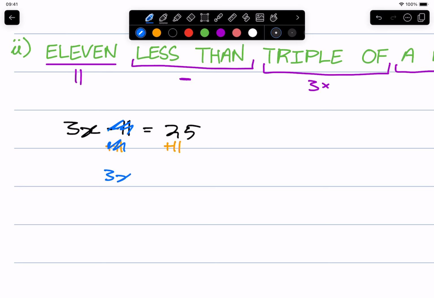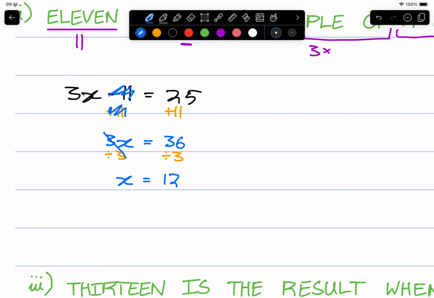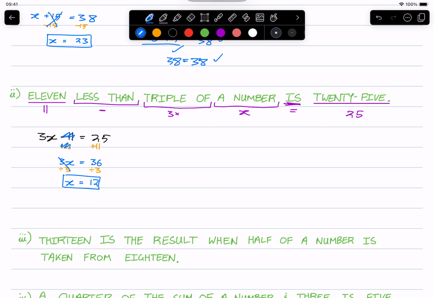We are left with 3x equals 25 plus 11 is 36. And I hope we now know that 3x means 3 times x. So the reverse of this is we divide by 3, which gets rid of those 3s, which leaves us with x on its own. 36 divided by 3 is going to be 12. And that there is going to be our answer.